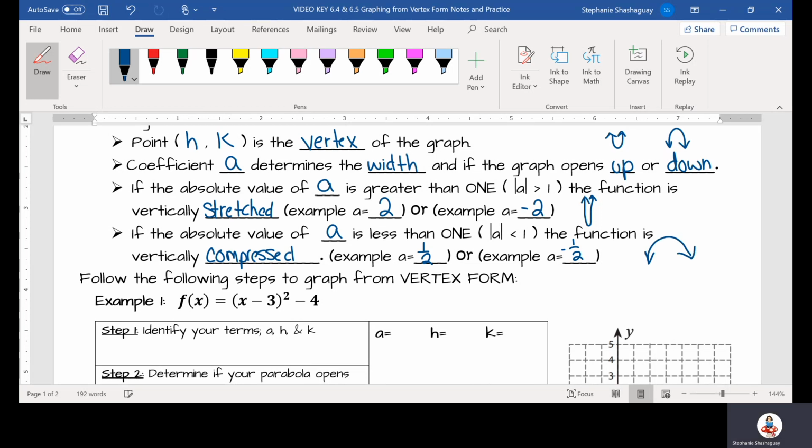Okay, so a compressed parabola is when my a term is less than 1, and I have a wider parabola. And a stretched parabola is when my a term is greater than 1, and I have a skinnier parabola.